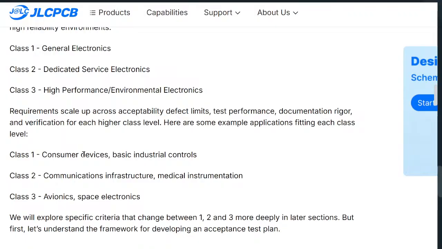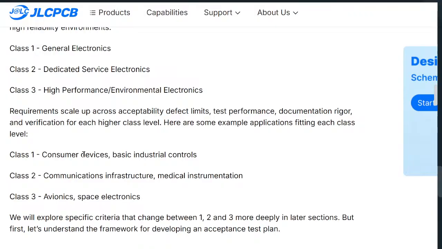If there's any electronic failure inside, is it acceptable? No, right? In medical instrumentation, failure is not at all an option. That's why separate specifications are provided for different categories.